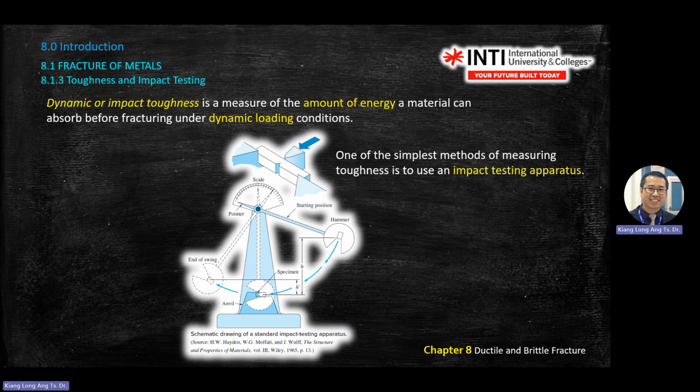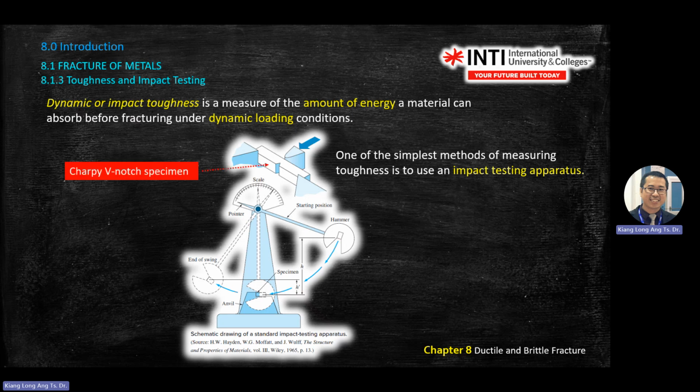Then the machine will calculate how many joules. The traditional one has a red arrow, same as the tensile loading. But we have already managed to get the new machine. You will be the first batch using it, your seniors don't have it.